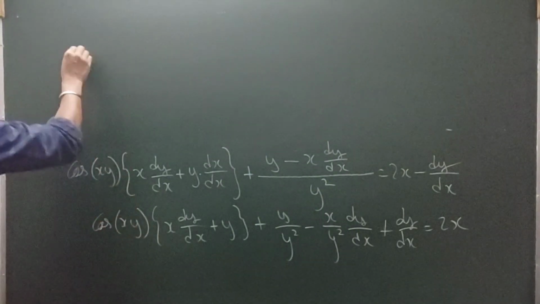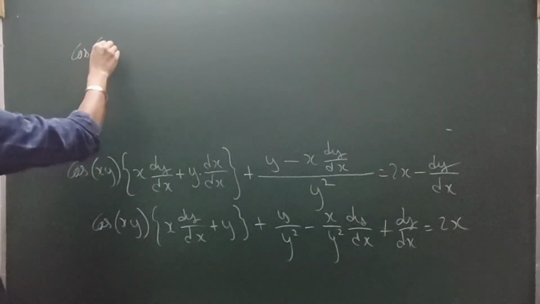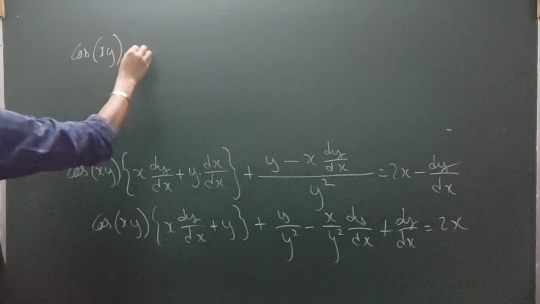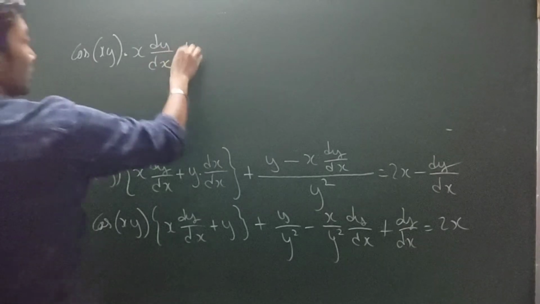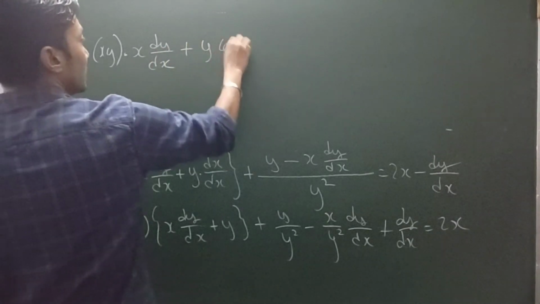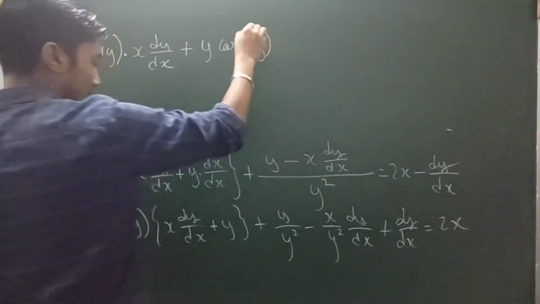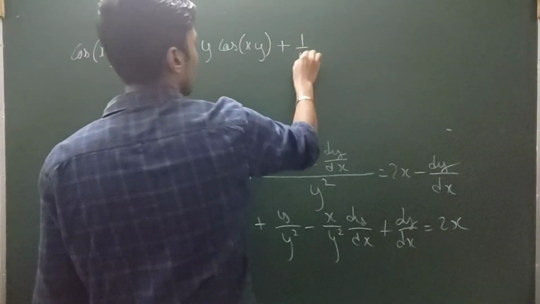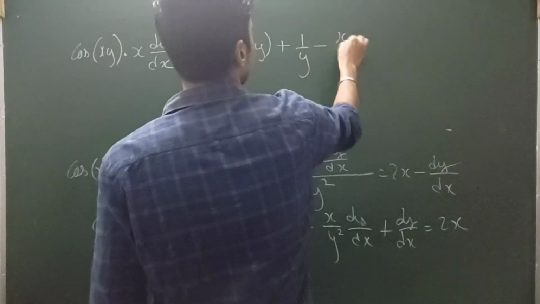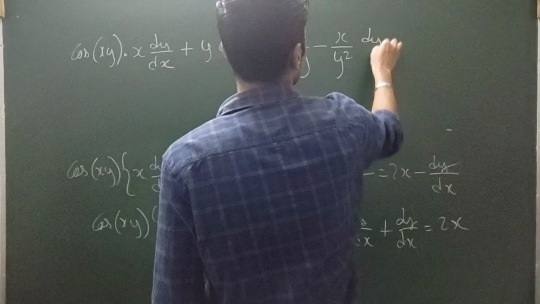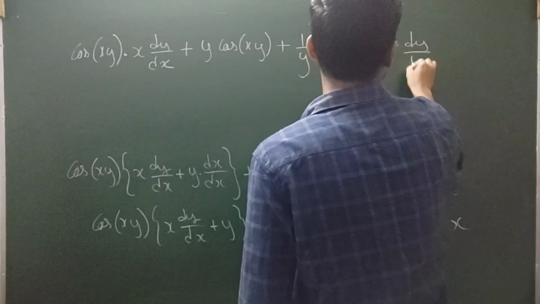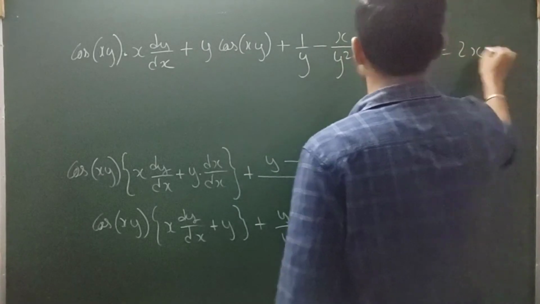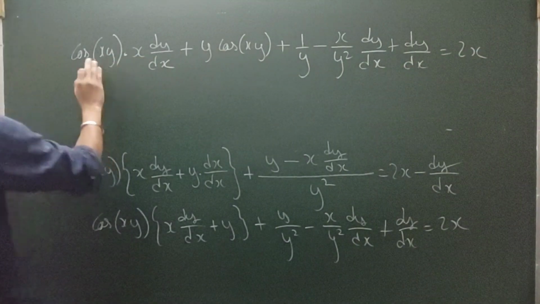So again, cos of xy into x dy by dx plus y, arranging and writing cos xy plus 1 by y minus x by y square dy by dx plus dy by dx is equal to 2x. Alright, let's arrange. So I'm just going to arrange it like this.